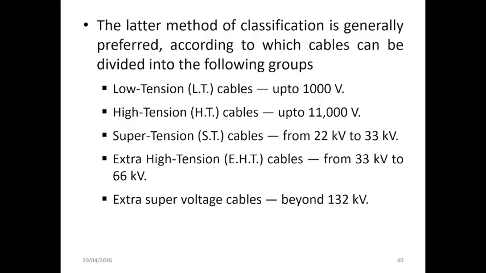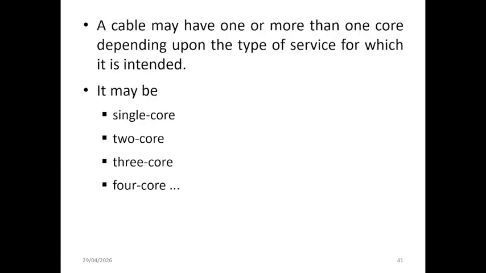Super tension cables cover the range from 22 to 33 kilovolt, and extra high tension cables are used for voltages between 33 kilovolt and 66 kilovolt. And extra super voltage cables are designed for systems above 132 kilovolt. This classification helps in selecting the appropriate cable type for different power system applications.